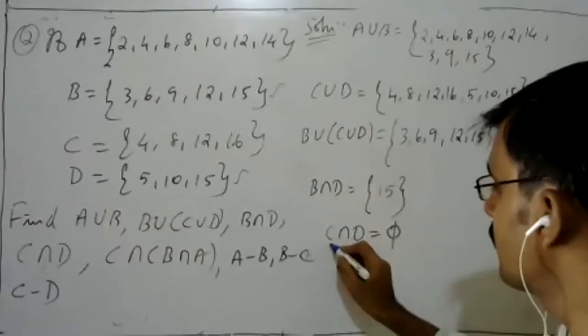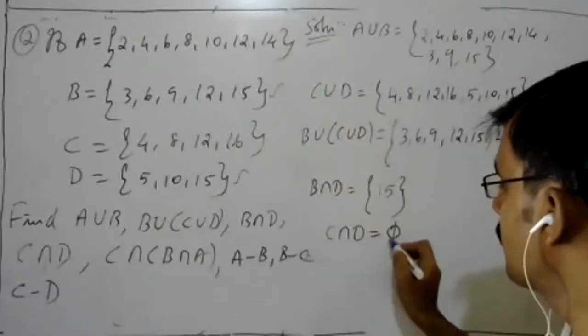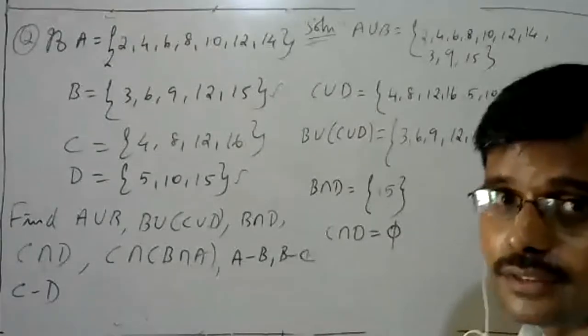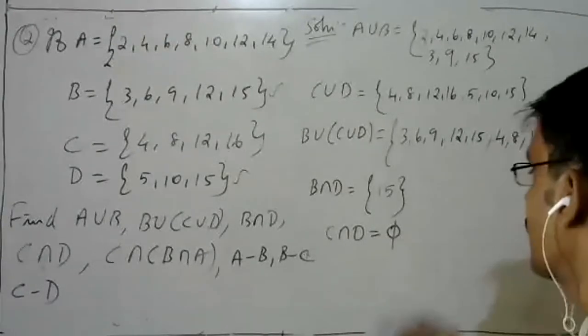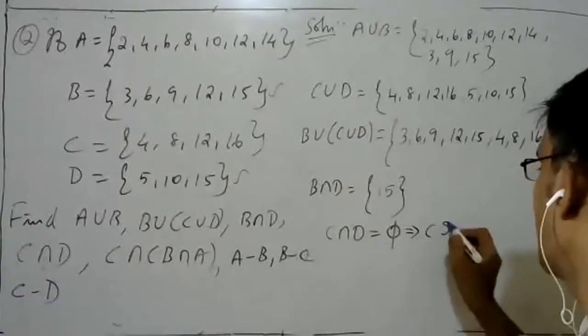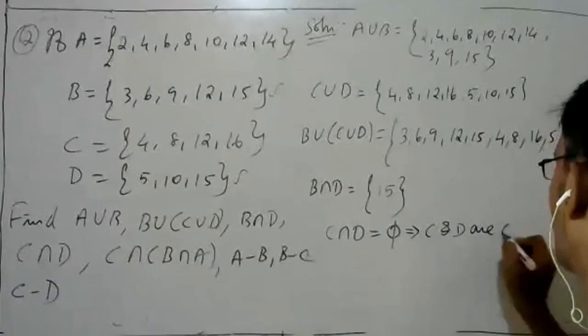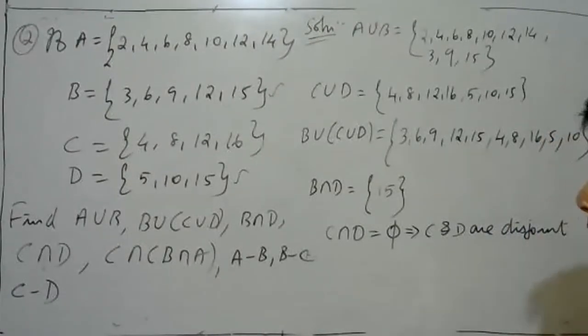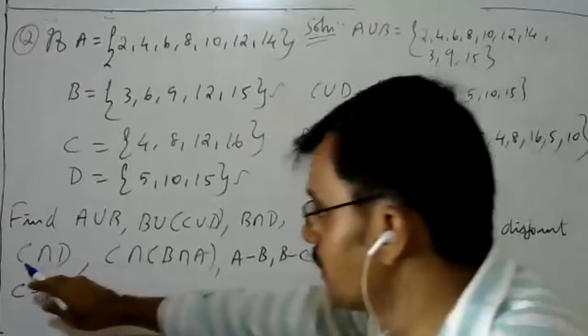Now, we have just discussed that if the intersection of two sets is empty, then these two sets are called disjoint sets. Which implies C and D are disjoint sets.